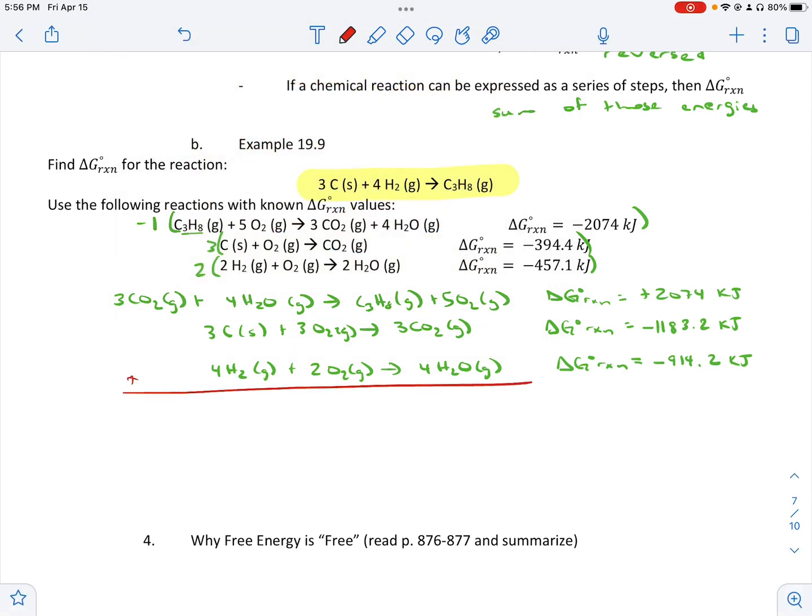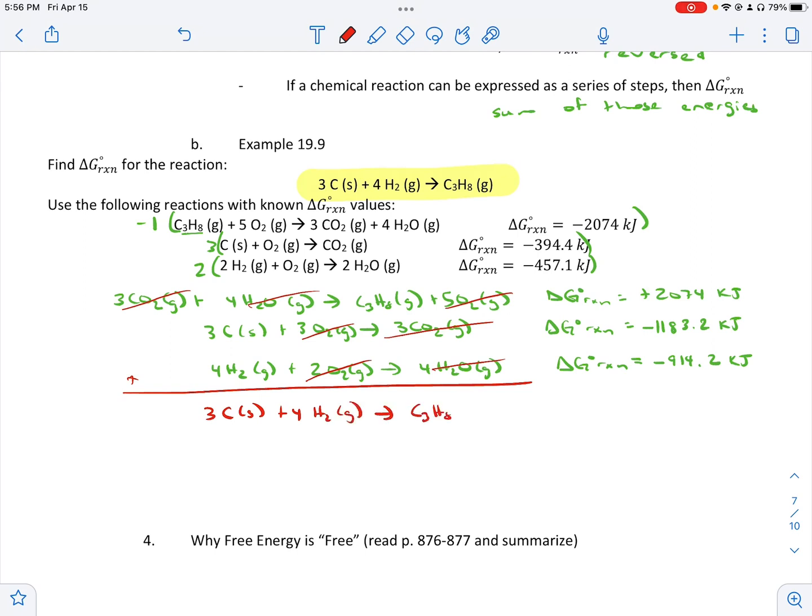So we have 5 O2s here, and we have 3 and 2 there. That gives us 5. 3 CO2s, we want those to go bye-bye. 3 CO2s, 4 waters, and we should be left with what we're looking for. We got 3 C's plus 4 H2s, and we get C3H8.